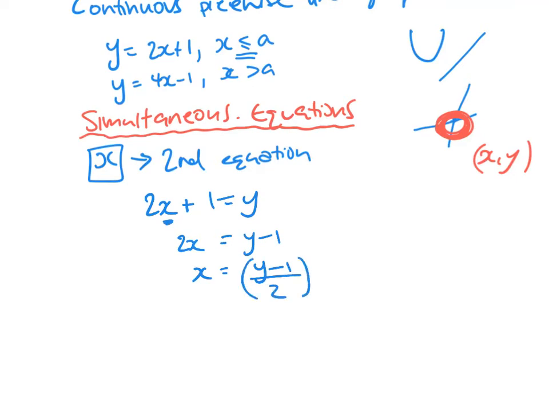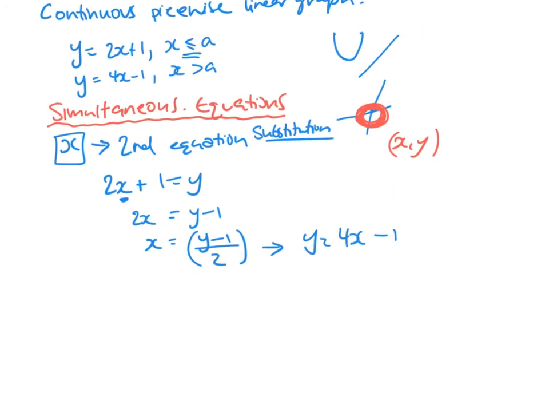I've now rearranged this using algebra to isolate the x. The second part of substitution, which I should have written here as the method, is to pop that into the other equation that you didn't use, and that equation is y is 4x take 1.